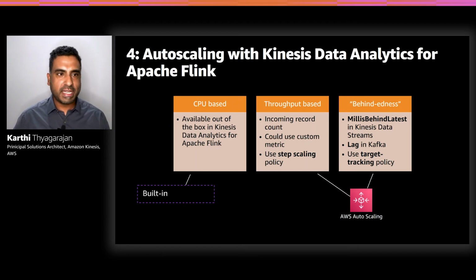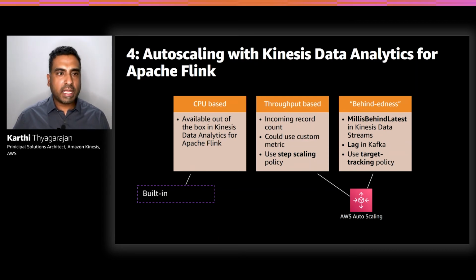So when your throughput needs change on the stream ingestion front, you often have to adjust your processing throughput or processing capability as well. For example, let's say you have a Kinesis data stream that you have set up to change the number of shards based on incoming throughput.